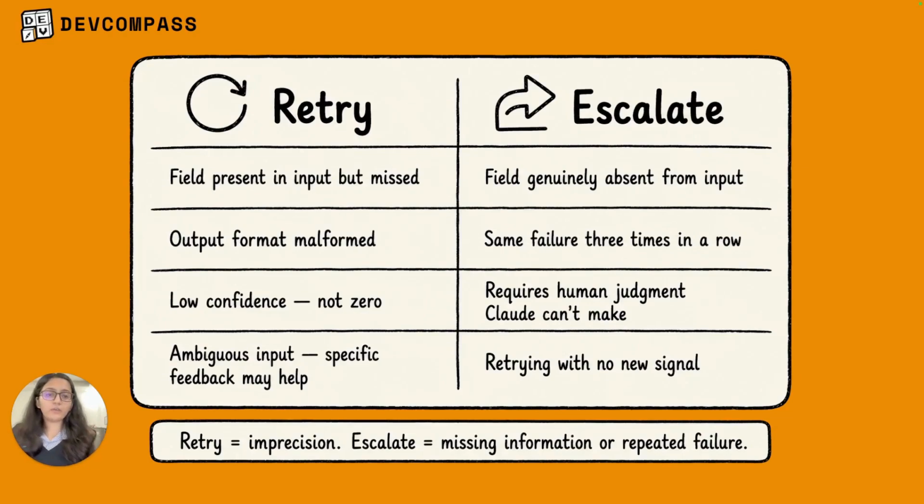But retrying with no new information, escalate, because there's nothing new for Claude to work with. Always remember: retry equals imprecision, escalate equals missing information or repeated failure. That's the rule. So retry when the failure is caused by something specific that feedback can fix, escalate when it isn't. Okay?